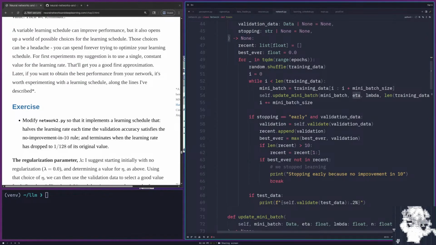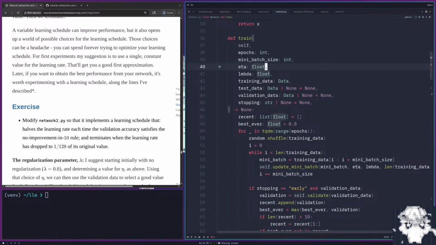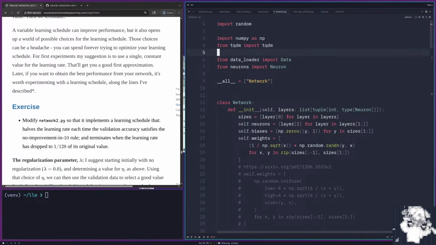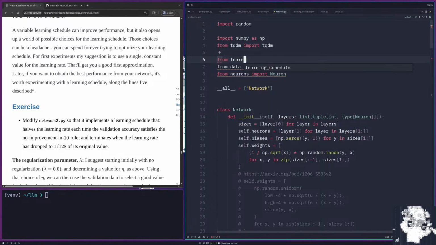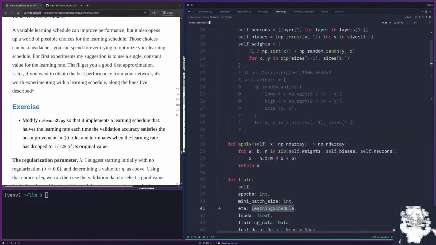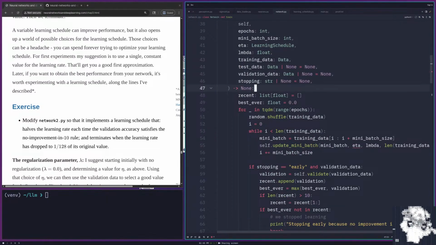And then the idea for network is eta is either a float or a learning schedule. Let's just say it's always a learning schedule, which means you need to import it. From learning schedule, import learning schedule. Which means we'll just call this learning schedule.